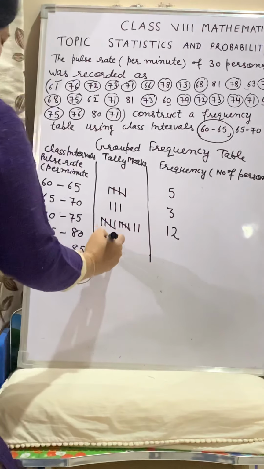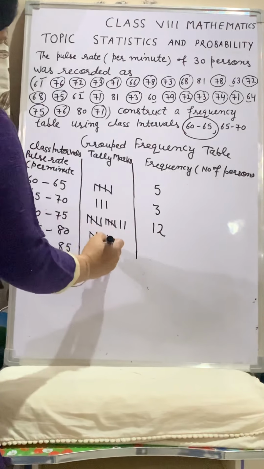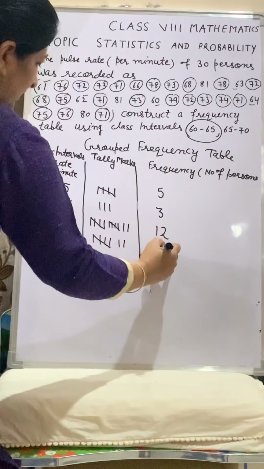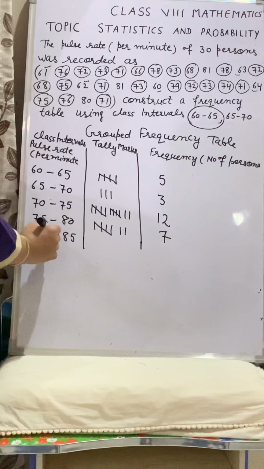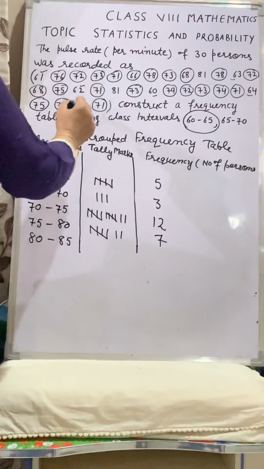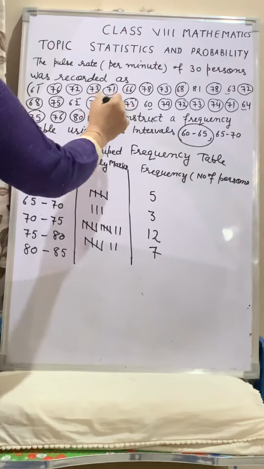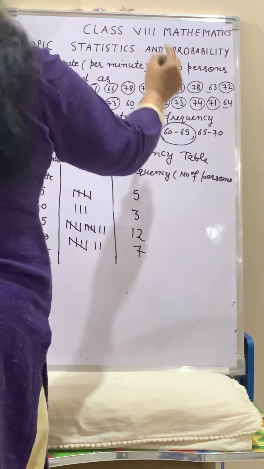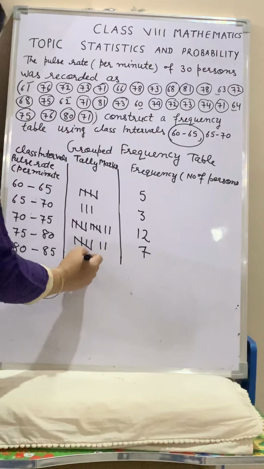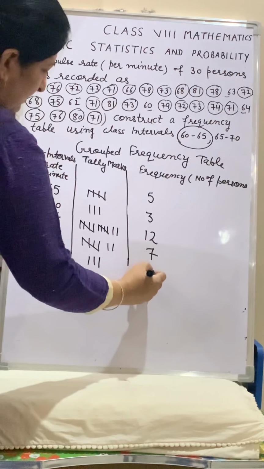You write here 7. Next 80 to 85, the last: 81 is 1, then 2, then 3. You will write tally marks 3 and frequency 3.